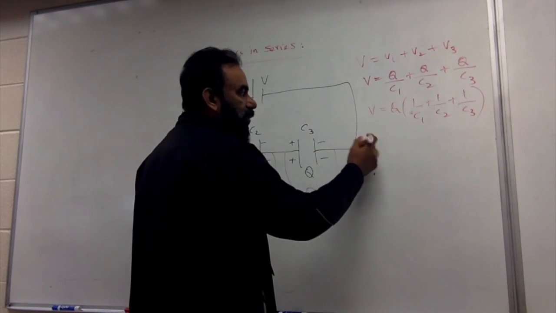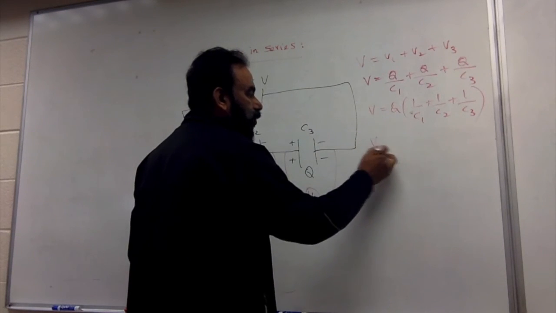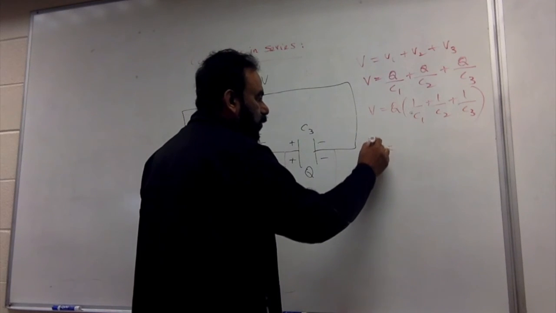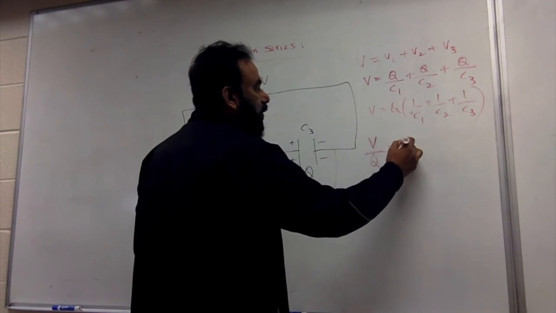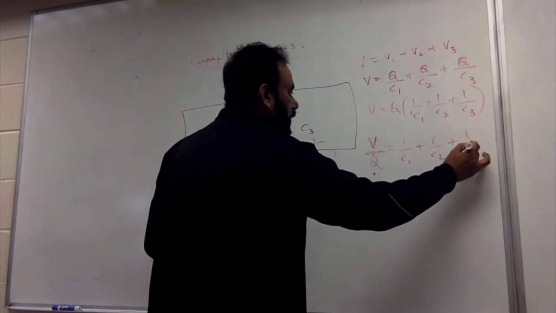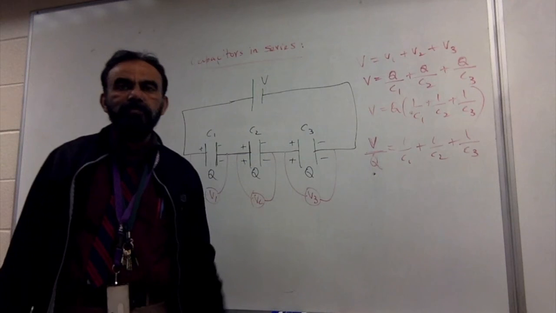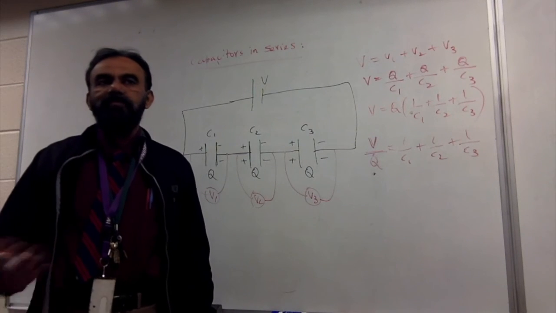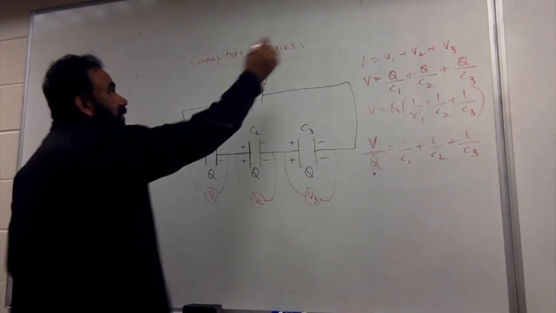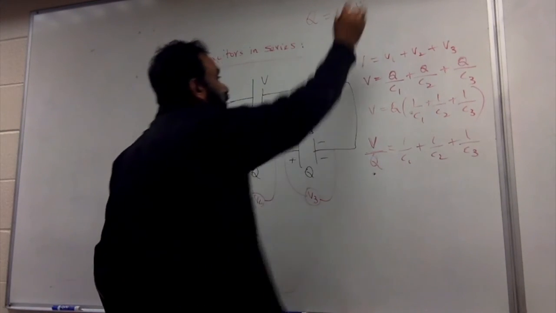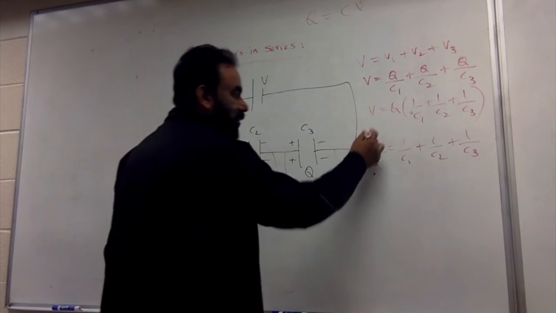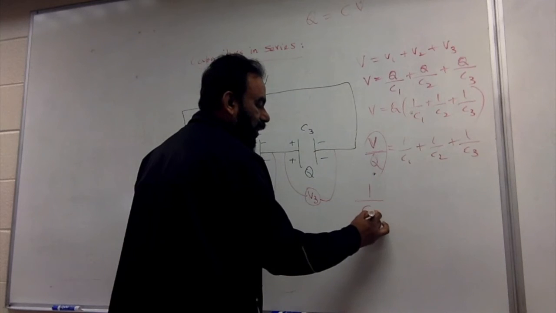And if I bring the Q down here, divide by Q, we get V over Q is equal to 1 over C1 plus 1 over C2 plus 1 over C3. What is V over Q? From the equation Q is equal to CV, V over Q is 1 over C. So this is actually 1 over C equivalent.